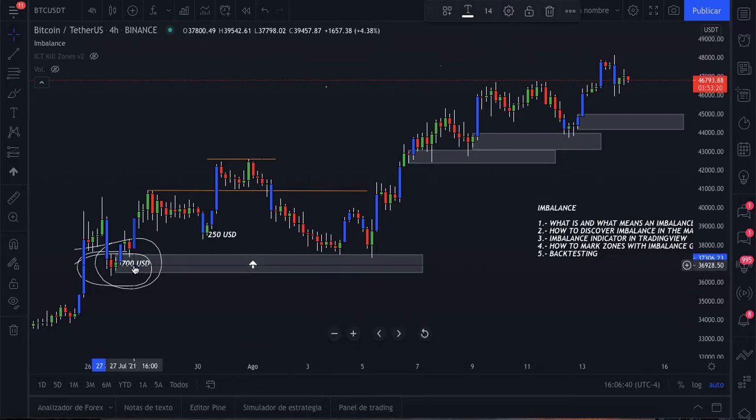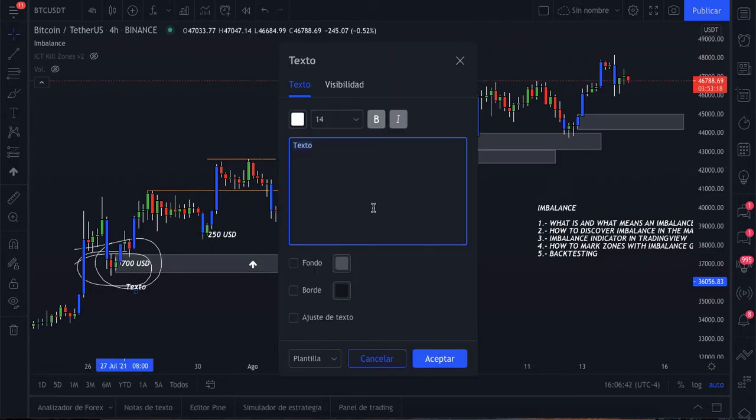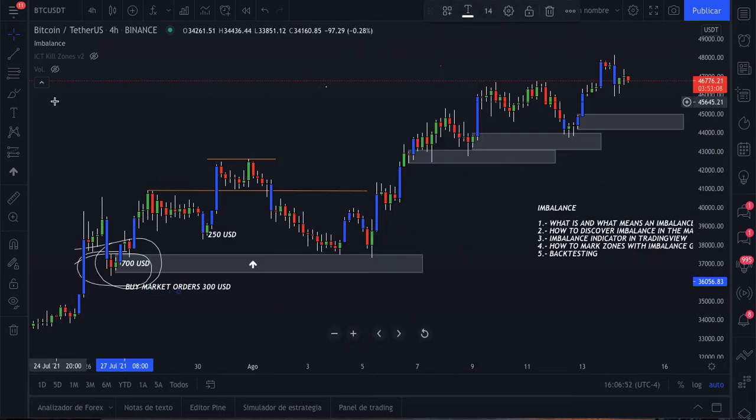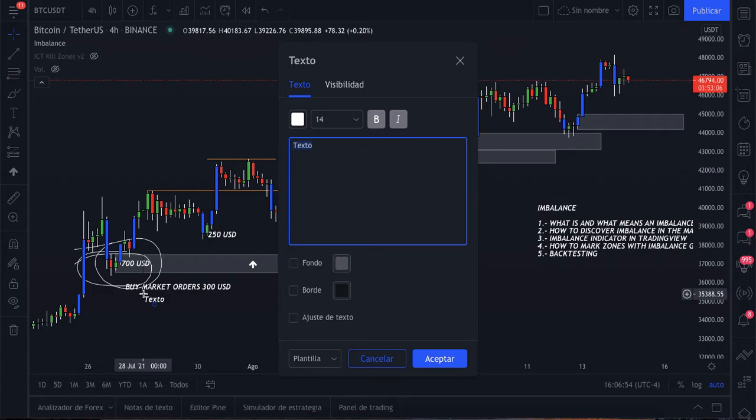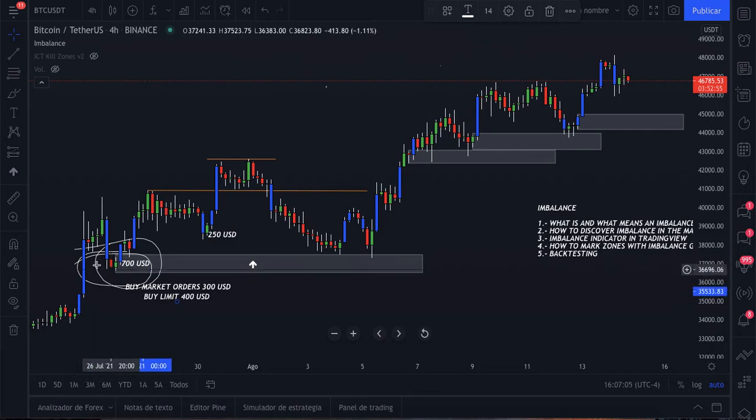So what does 700 mean? That probably I bought with market orders, let's say $300, and I will just buy again when price comes back with $400 buy limit.